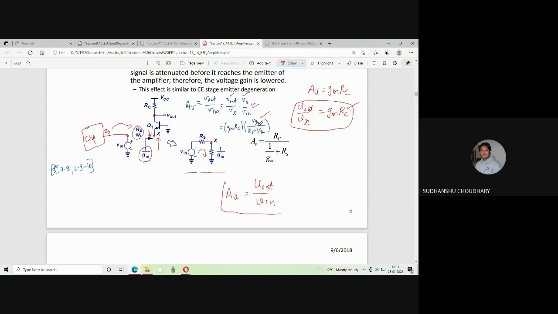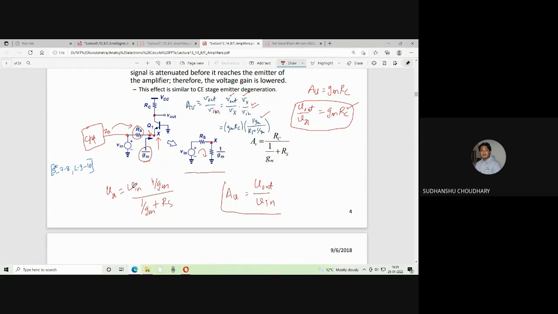Or maybe simply I can use the voltage divider here, that is Vx can be simply written as Vin times 1/gm divided by Rs plus 1/gm.